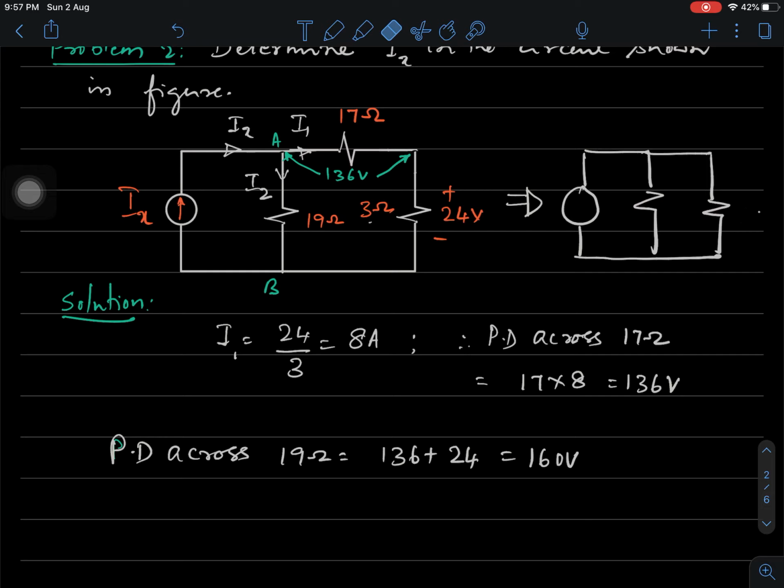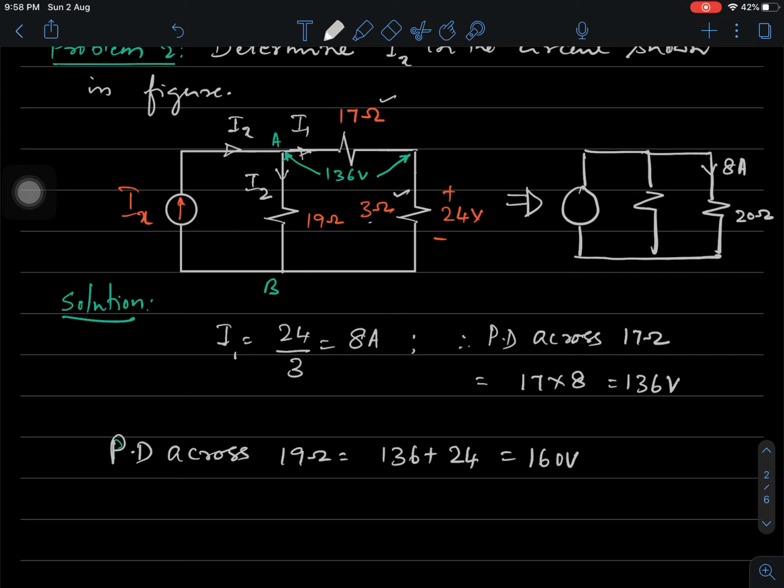The resistance is 17 plus 3, that is 20 ohms, and it is carrying a current of 8 amperes. So the potential difference can also be computed as 20 into 8, or alternatively you can add 136 and 24. You will get 160 volts.